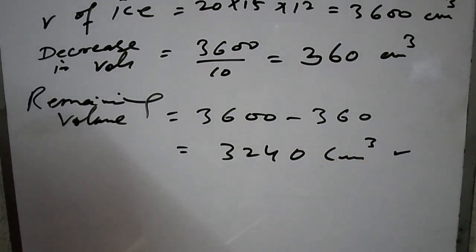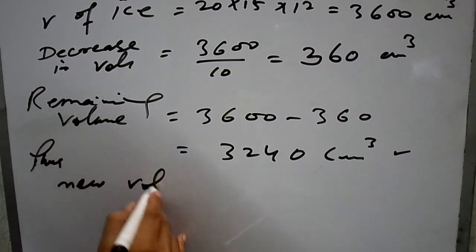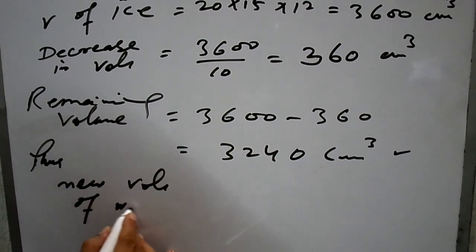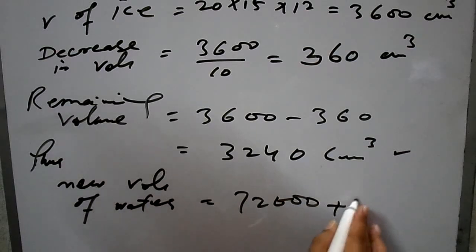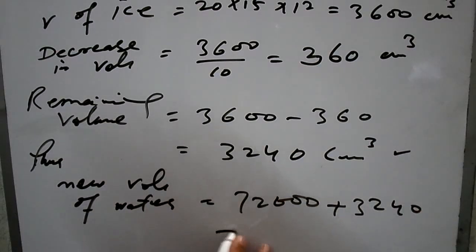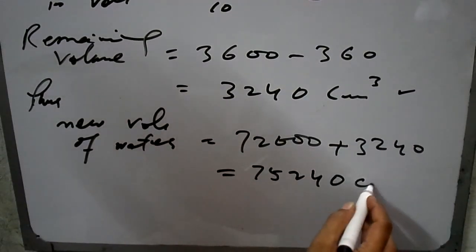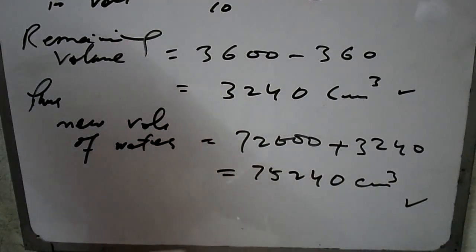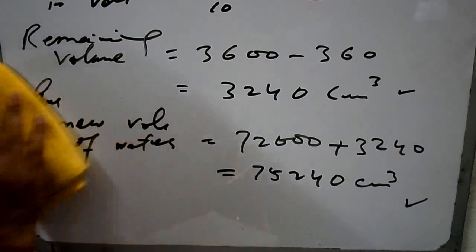So the new volume of water is equal to 72,000 plus 3,240, that will be equal to 75,240 centimeter cube.